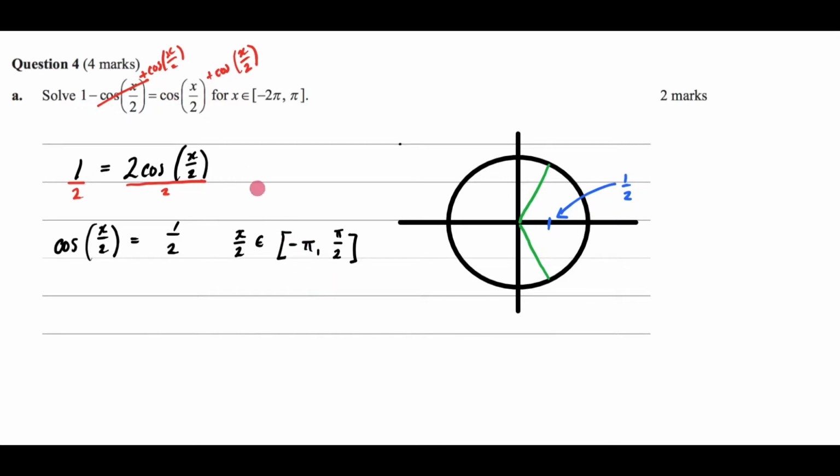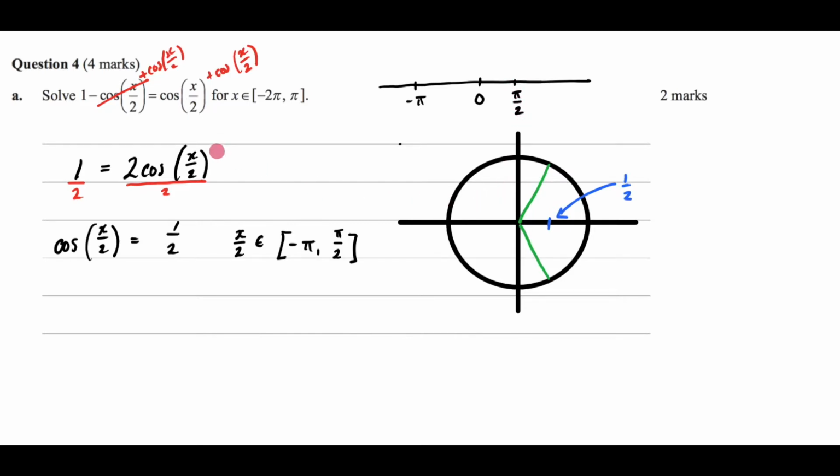Again, you should have a really good understanding of what this means, but let's just take it slowly and really spell it out. If I was to put this on a number line, let's say this is 0, let's go back to negative pi, and let's go forward to pi on 2, like that.